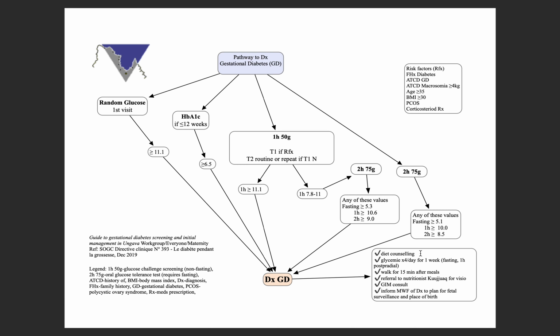So what you want to see is a bit of protein with every meal. So no, quote unquote, naked carbohydrates. So the carbohydrates should be eaten in the presence of protein and in the presence of fat. And that basically dilutes them so they don't surge into the bloodstream, causing these high peaks, which aren't good for the baby.